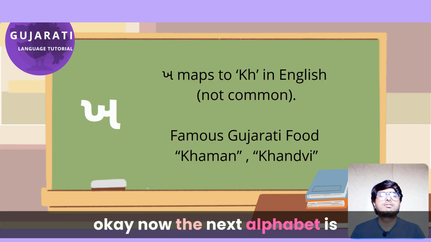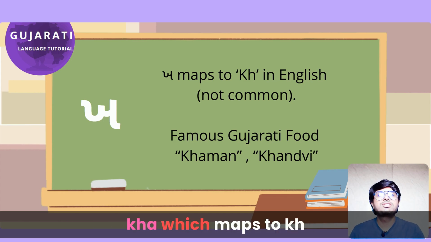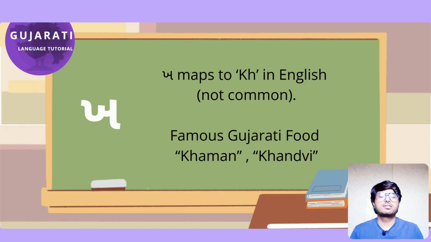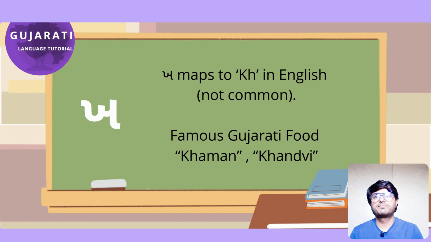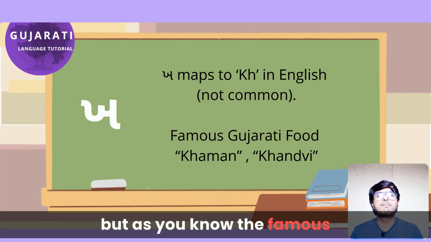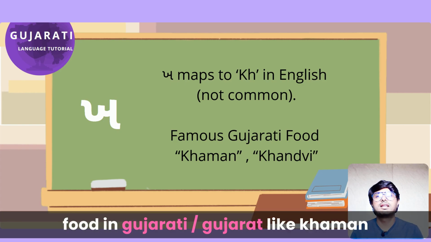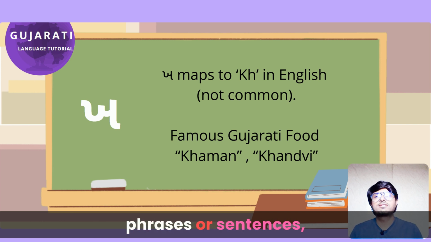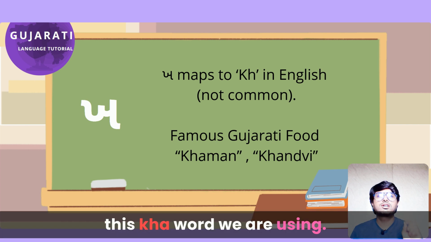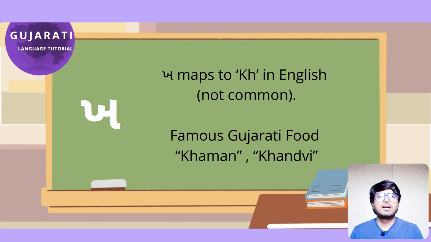Now the next alphabet is Kh, which maps to KH, but there is no common word in English for Kh. But as you know, in famous Gujarati foods like khaman, khandvi and other phrases or sentences, we use this Kh sound.